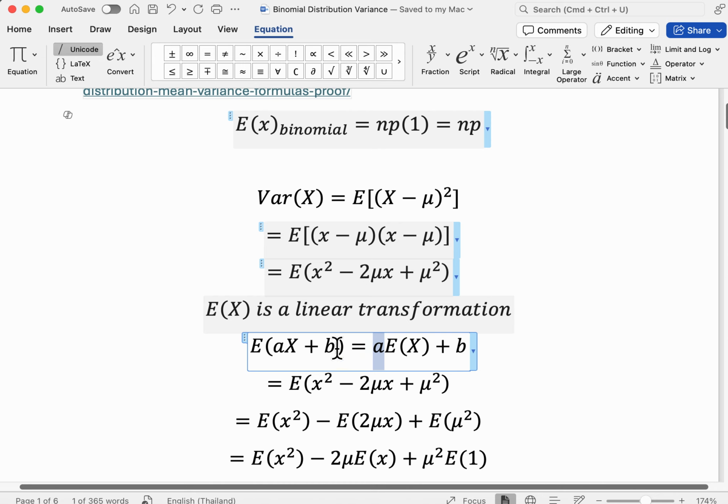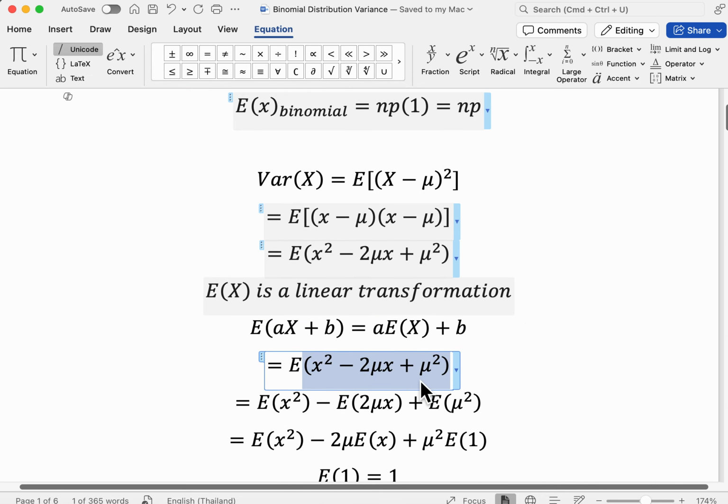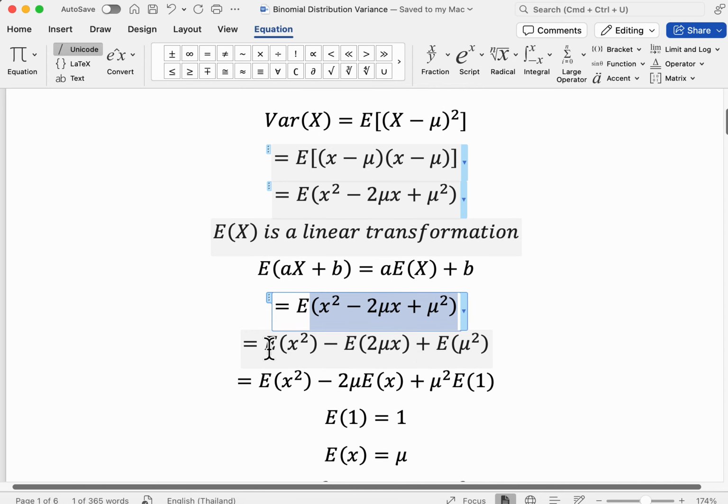And if I'm adding a constant, I basically get that same constant out as a result as well. So if I apply E to x squared minus 2 mu x plus mu squared, that becomes E of x squared minus E of 2 mu x plus E of mu squared.